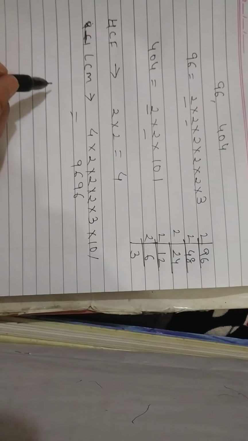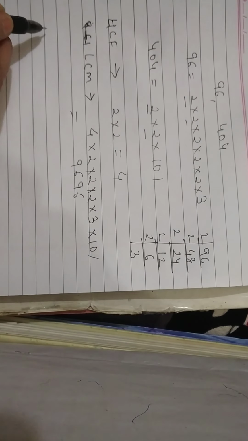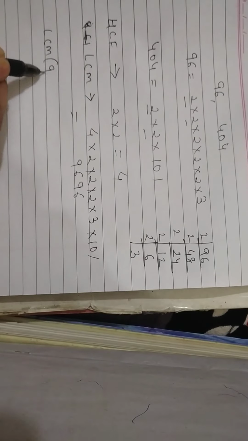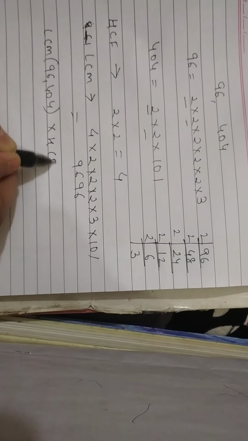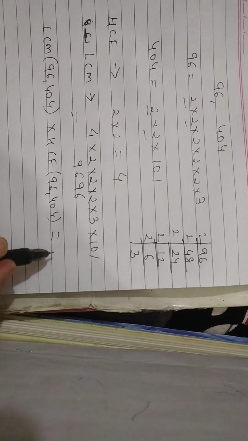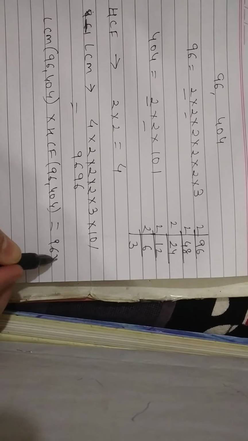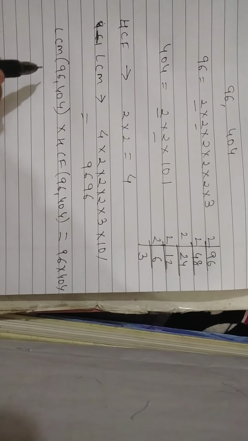So, we'll verify our thing, that LCM of 96, 404 into HCF of 96, 404 is equal to product of two numbers. That is 96 into 404.